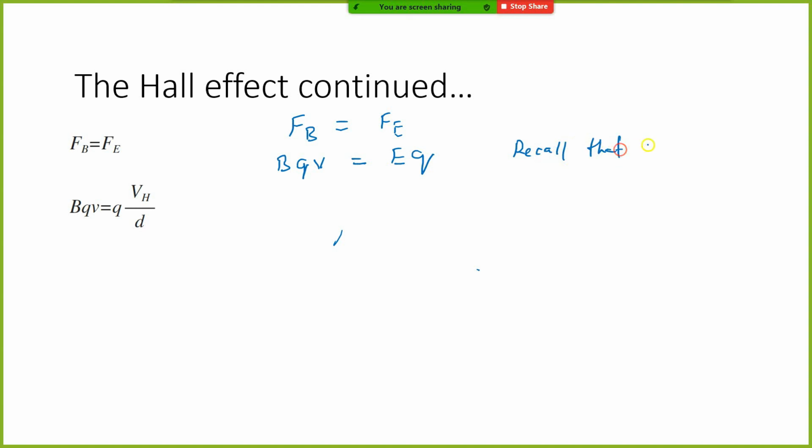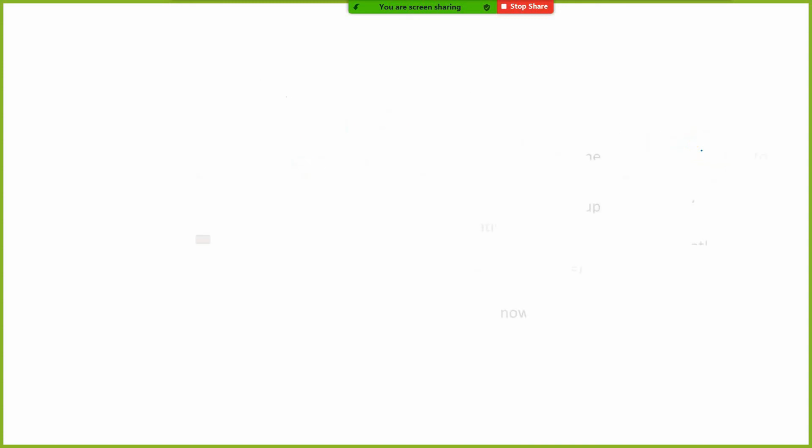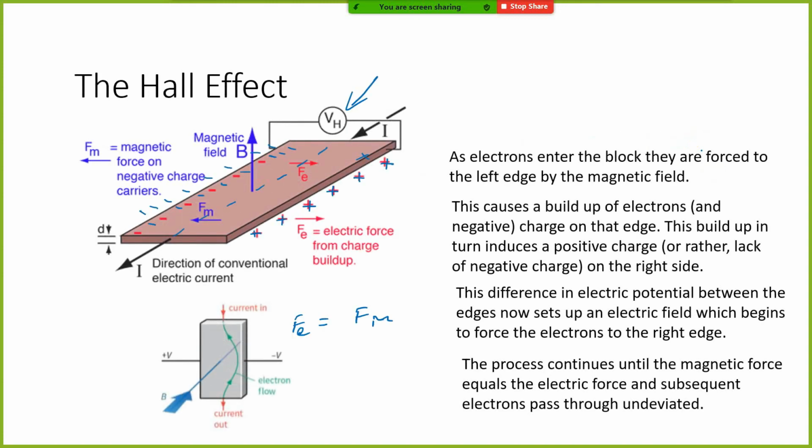Now, recall that the electric field will be dependent on the Hall's voltage. So E is the Hall's voltage divided by the distance between the plates. We can go back to the diagram to see what we're talking about: the distance right here between the plates.